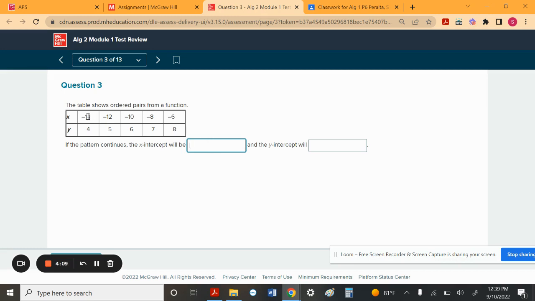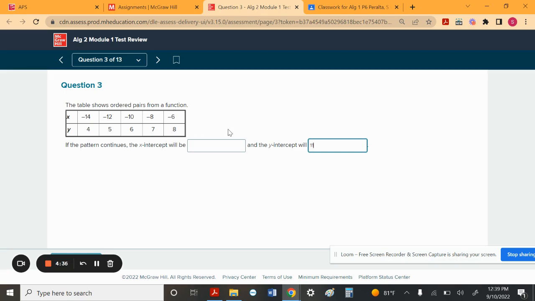Oh wait, never mind. I'm thinking correctly. So -4, a negative value over there, and the y-intercept is when x is 0. So that one's going to be at 11. So when x is 0, y is 11. So -4, -2, 0, 9, 10, 11.